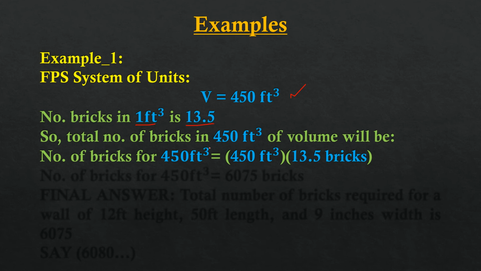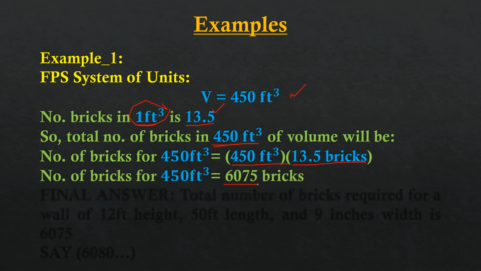So how many bricks will be required to construct 450 feet cube? For 1 foot cube, we need 13.5 bricks, so you will multiply 450 feet cube with 13.5 and you will get 6,075 bricks in total.